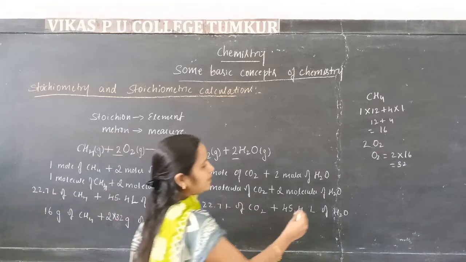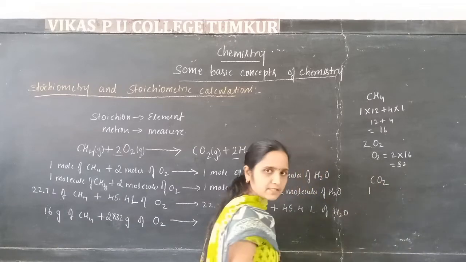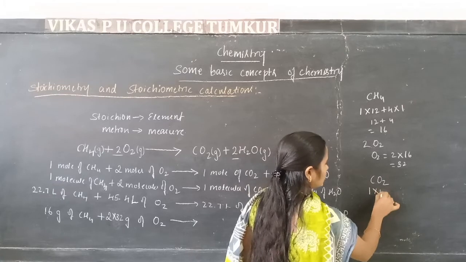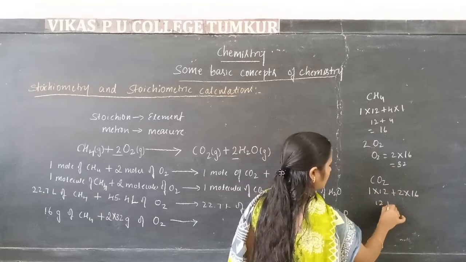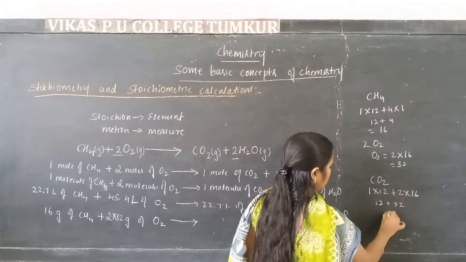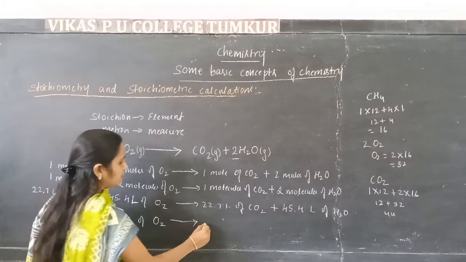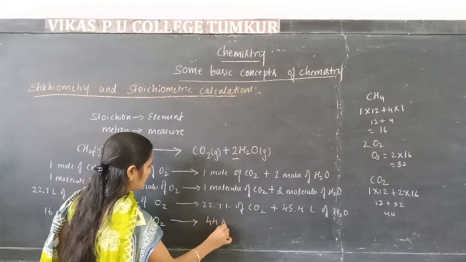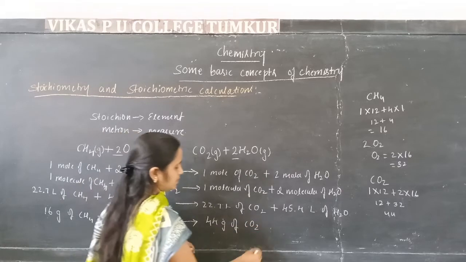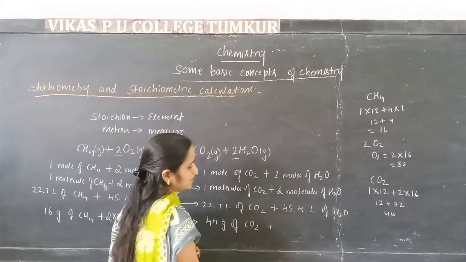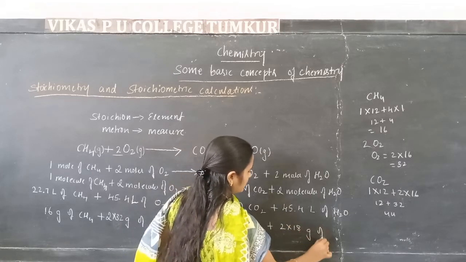Then for carbon dioxide, the number of carbon atoms is 1, so 1 into 12 plus 2 into 16, that is 12 plus 32, totally 44. Then 44 gram of CO2 plus 2 into 18 gram of H2O.